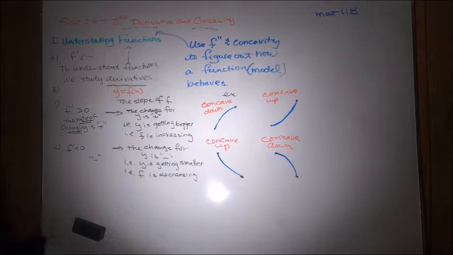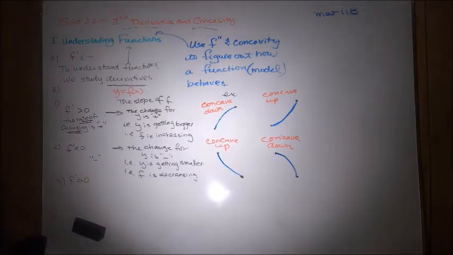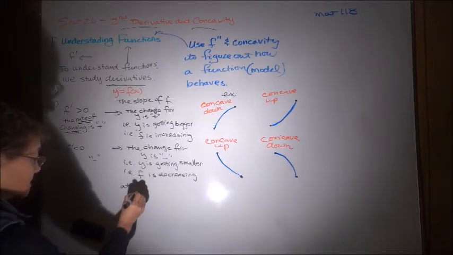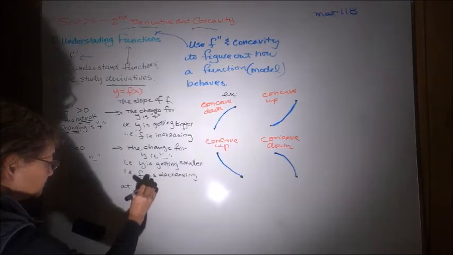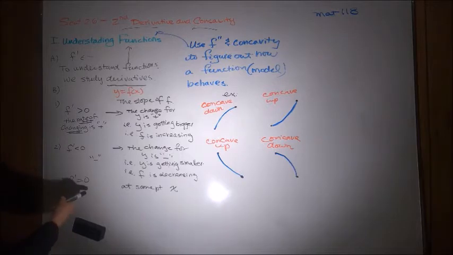Then another one is saying, we have bigger than 0, smaller than 0, and it can be 0, right? That means the rate of change is flat. It's not changing at that point. So at some point in time, x, not all of them, f prime is 0.